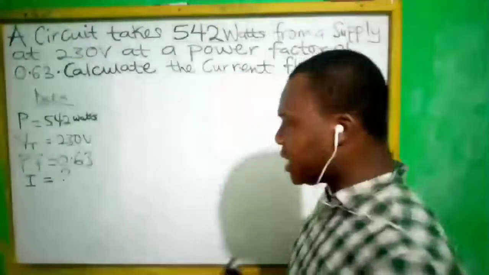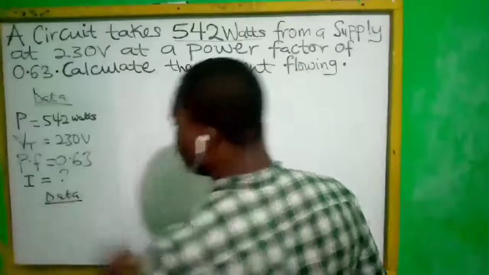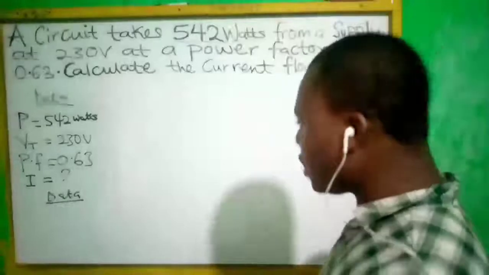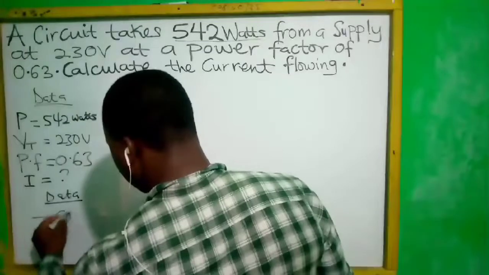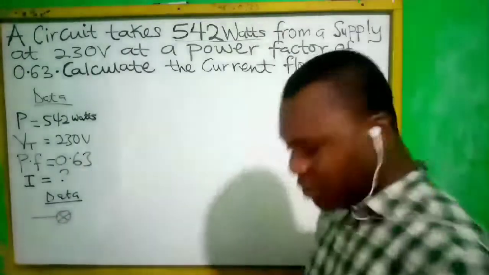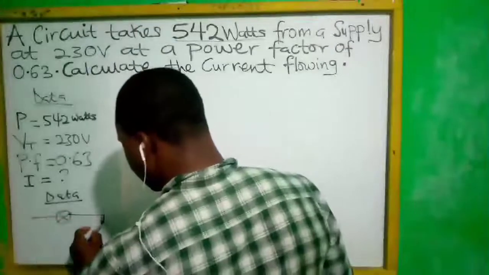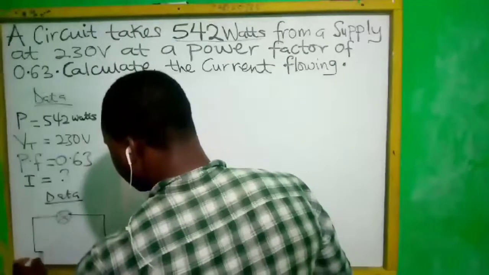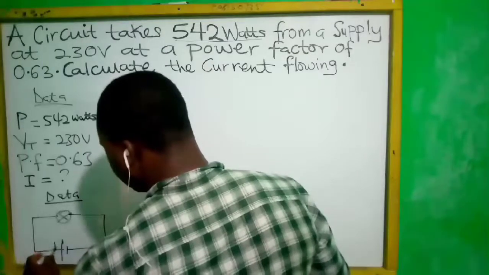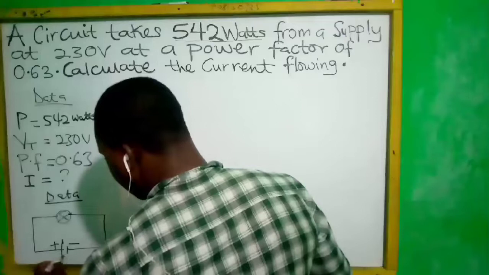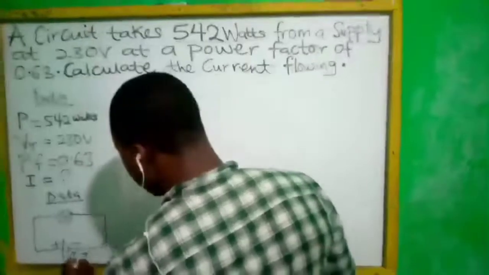Let me put another data form in the form of a diagram. So this is another data in the form of a diagram. So let's say we have, let's put our light symbol. This is our light symbol. The question is saying this particular circuit has a total voltage of what? 230 volts.